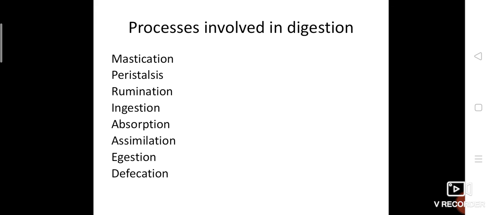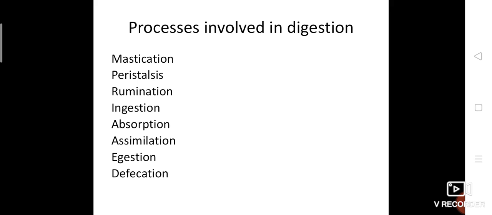So what are the processes involved in digestion? So when we talk about digestion, what is digestion? Digestion is one of the processes which is taking place in our body by the digestive system. So, when we talk about the digestive system, so many organs are involved in that system. So, all that plays an important role, and some of them are doing some process.